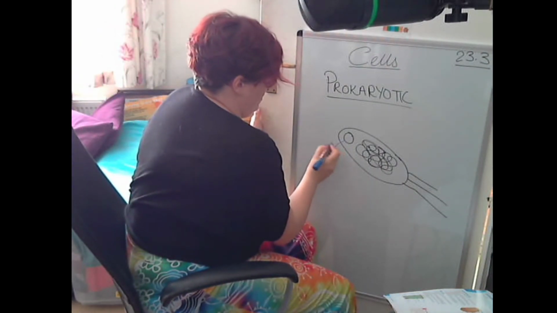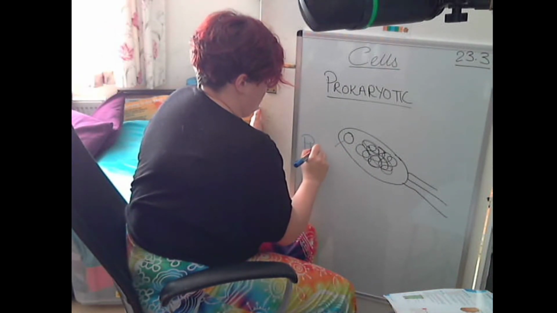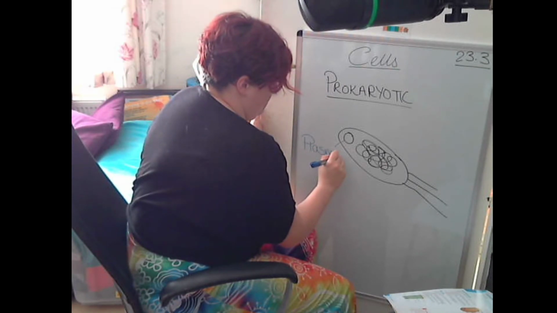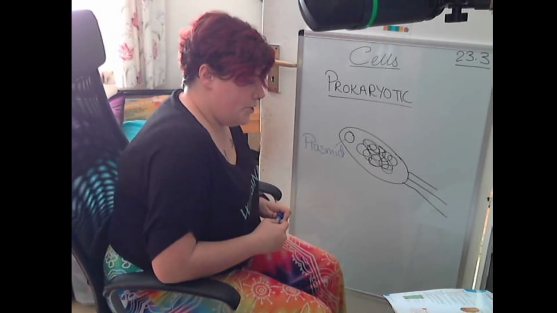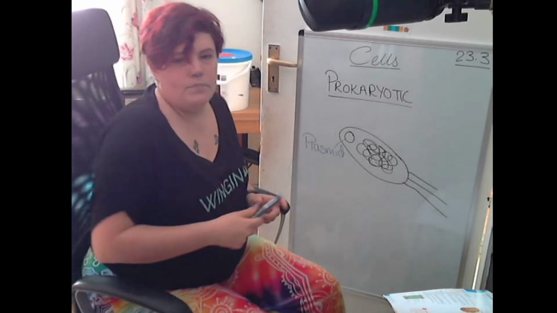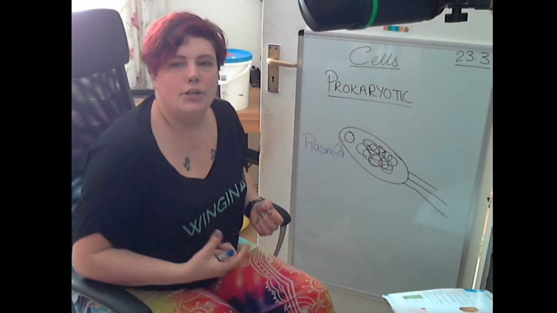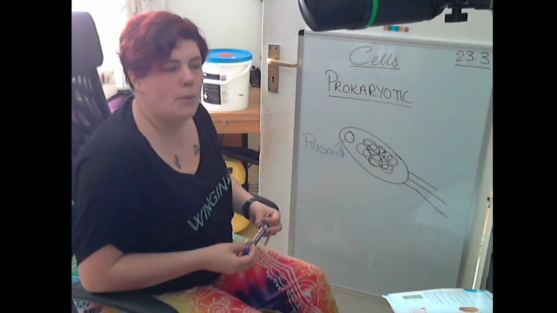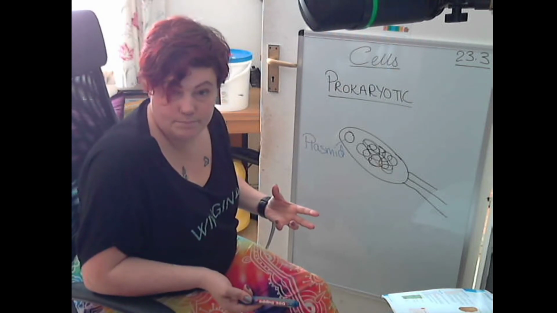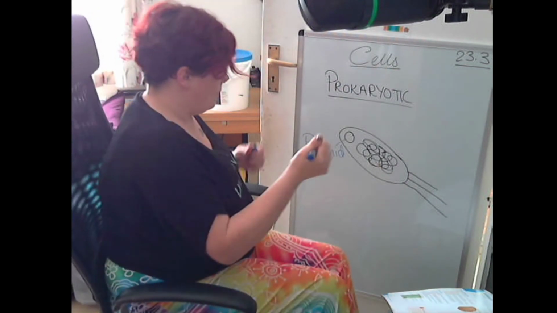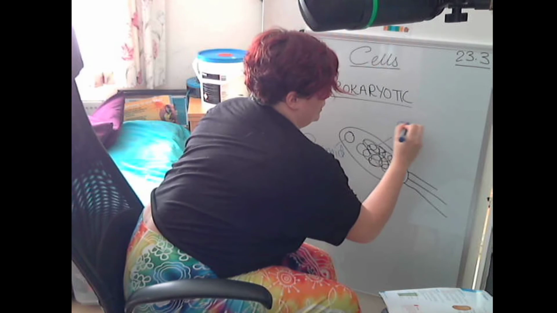This would be the plasmid, okay, which is the small circular loop of DNA that can actually replicate completely independently from other DNA in the cell. This is your free DNA.